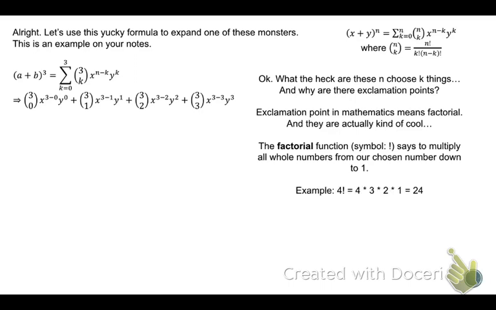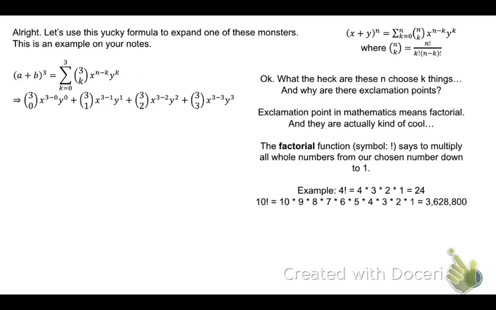So an example of that would be 4 factorial is 4 times 3 times 2 times 1, which equals 24. 10 factorial is 10 times 9 times 8 times 7 times 6 times 5 times 4 times 3 times 2 times 1, which is 3,628,800.